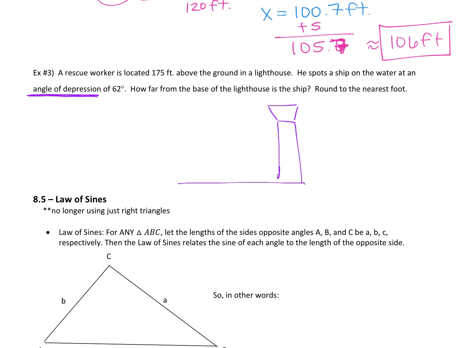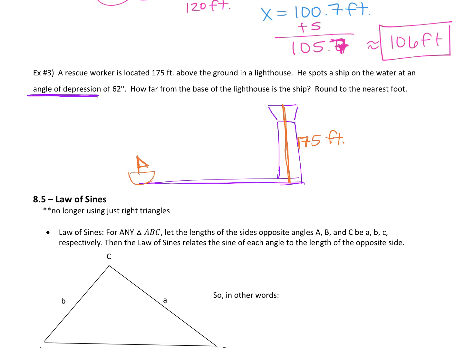That's my lighthouse. So it says he's located 175 feet above the ground in the lighthouse. So the lighthouse, because he's at the very top, is 175 feet. He spots a ship on the water, or a little sailboat, at an angle of depression of 62 degrees.